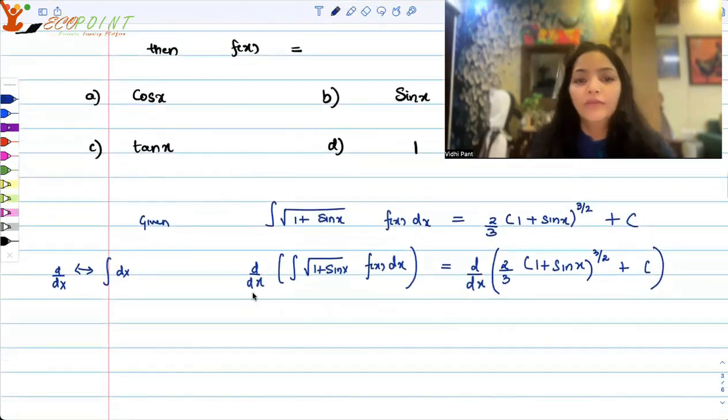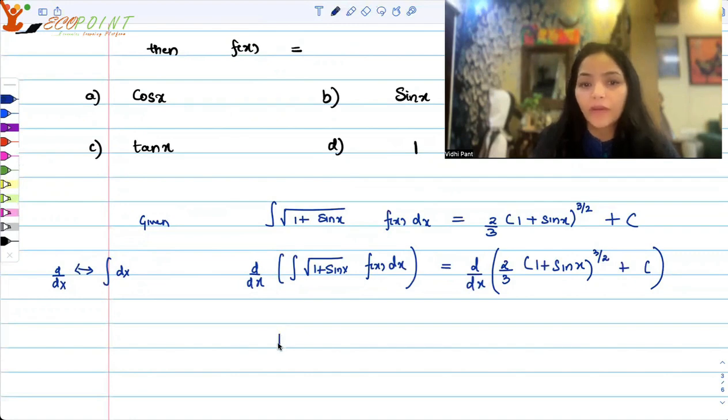Now, when you differentiate an integral, whatever is inside the integral comes out as it is. And since these are indefinite integrals, not definite integrals, bounds also do not make any difference.